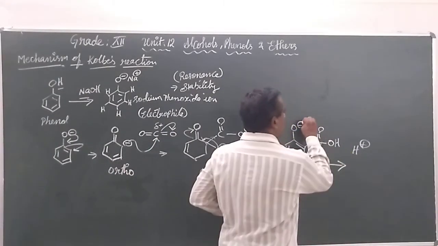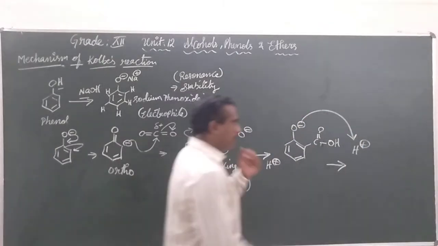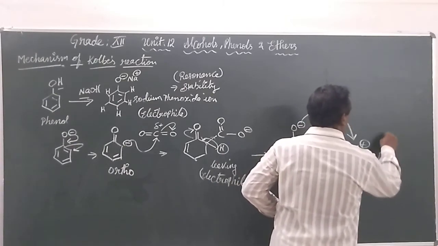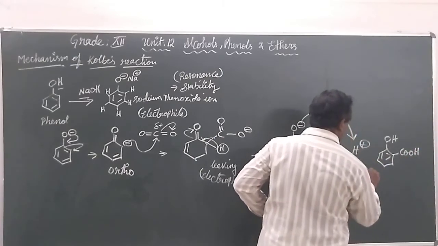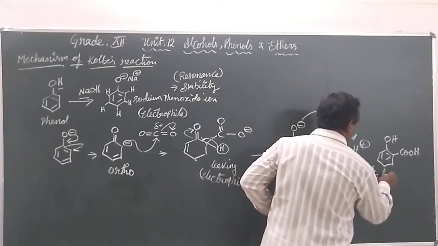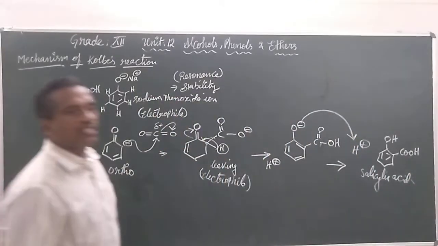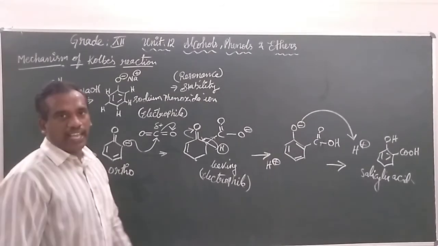That will be given to this phenoxide ion, forming OH, COOH. What do we call this? Salicylic acid. So this is the mechanism of the Kolbe's reaction.